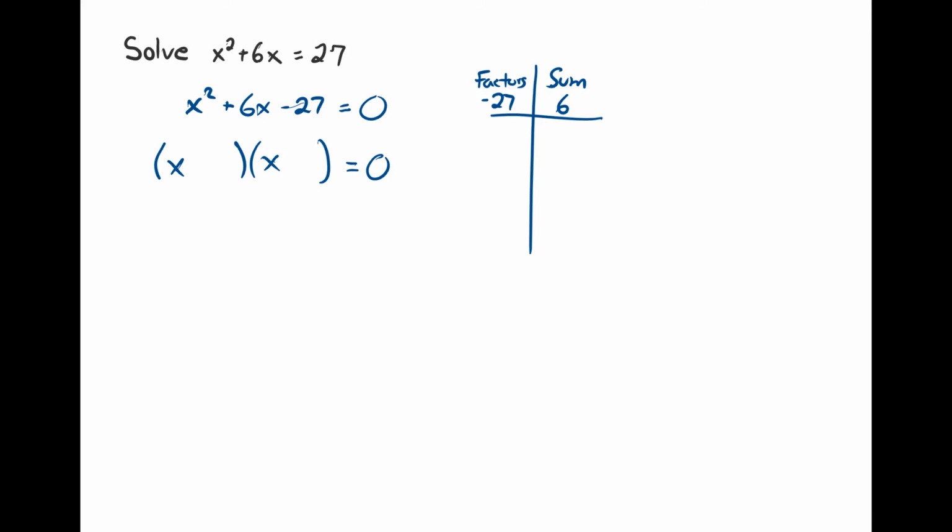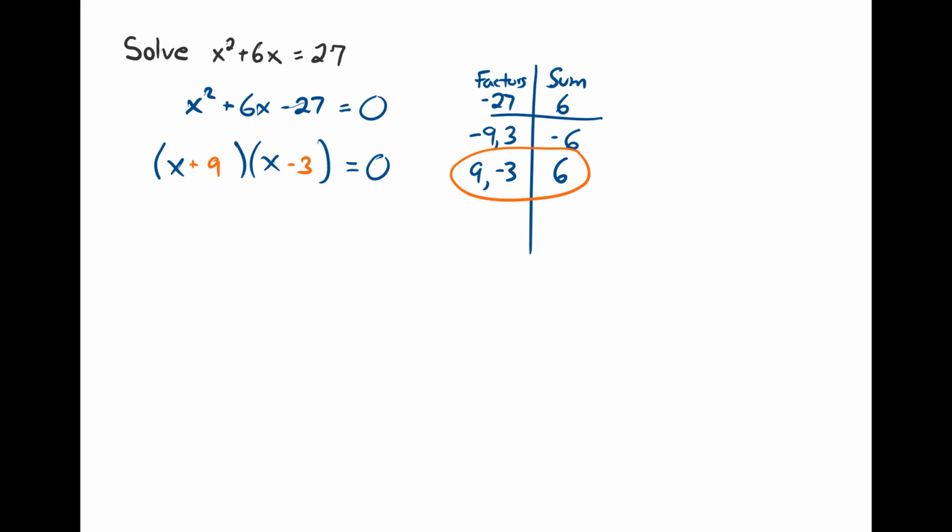So negative 27. Well, I have negative 9 and positive 3, but those add to negative 6. So maybe if I flip around the negative signs, 9 and negative 3, those would add to positive 6. So it looks like I've found my numbers. So x plus 9 times x minus 3 is equal to 0.